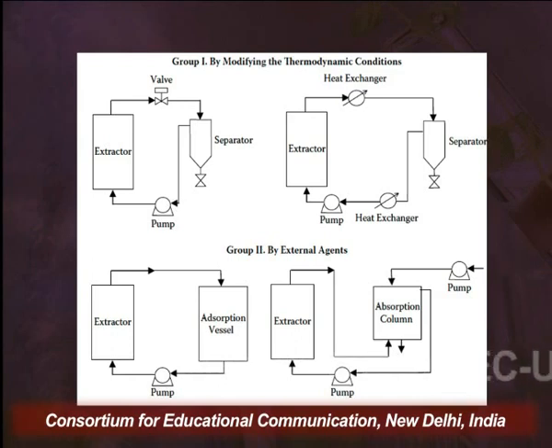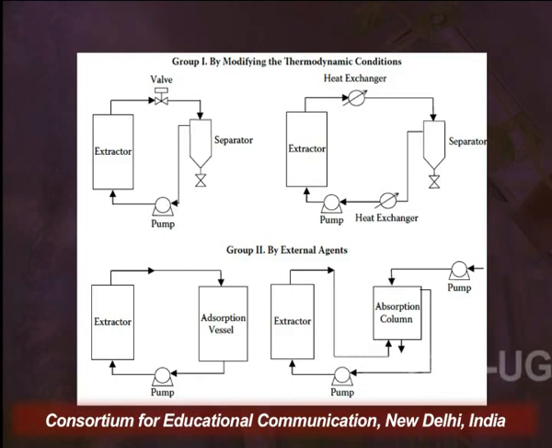In the second group of images, we use certain external agents to separate the extracted constituent from the solvent. The first one is by using the adsorption mechanism, wherein we use certain specified material to adsorb the extracted constituent onto that material, and from there we can separate that adsorbing material, or the material which has constituents adsorbed on it.